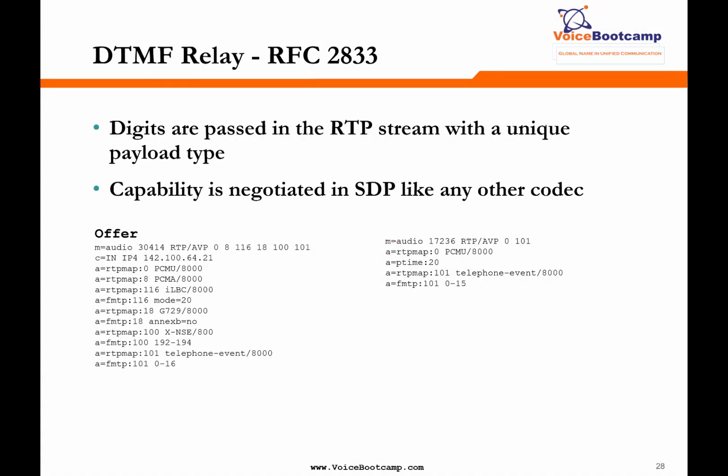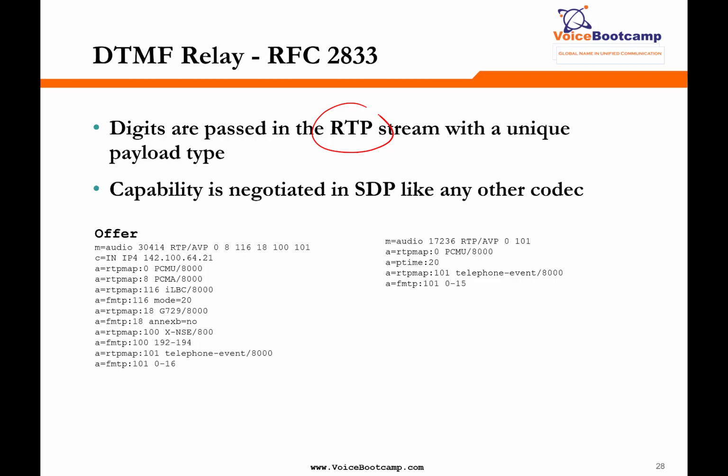Now DTMF's RFC 2833, which is basically your data as a digit stream. Digits are usually passed within the RTP stream. So this is when you're talking, hello, how's it going, the conversation, you are actually passing your digits in the same path as your RTP. Now, as we all know, RTP happens to be a UDP protocol, and UDP is not reliable.